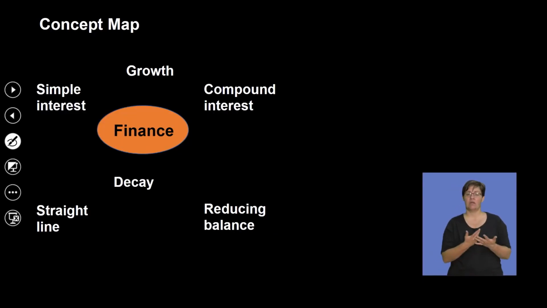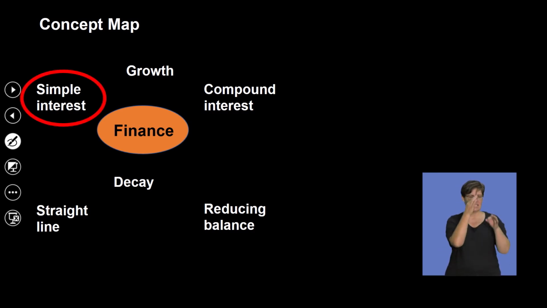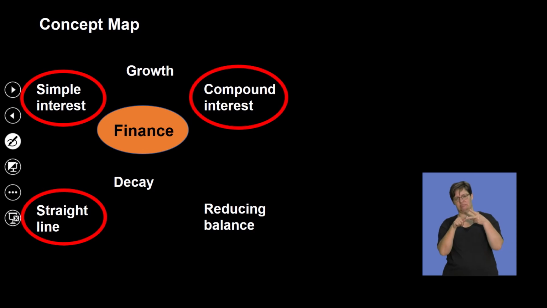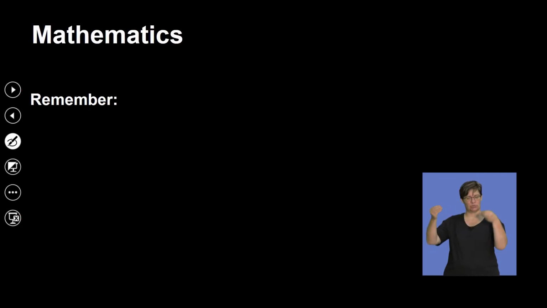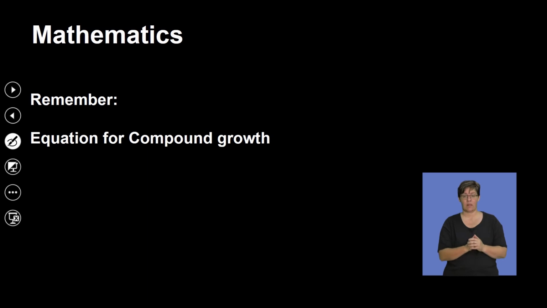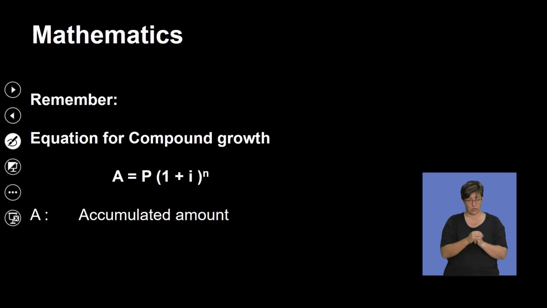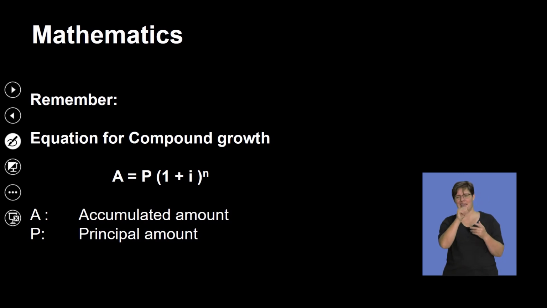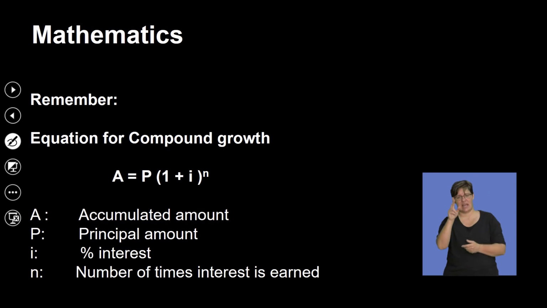So far, remember that our big idea has been finance, and then so far we've looked at simple interest, we've looked at straight line depreciation, we've looked at compound interest, and we've also looked at the reducing balance. You just need to remember that the equation for compound growth is given by that, and our definitions of all the letters will be A is the accumulated amount, P is the principal, i will be the interest, and then n will be the number of times interest is earned.